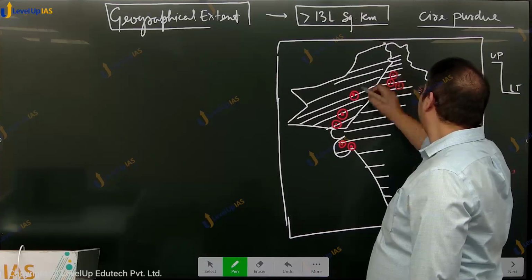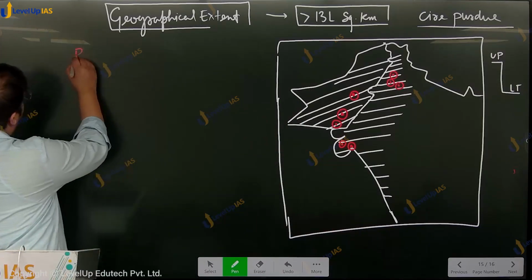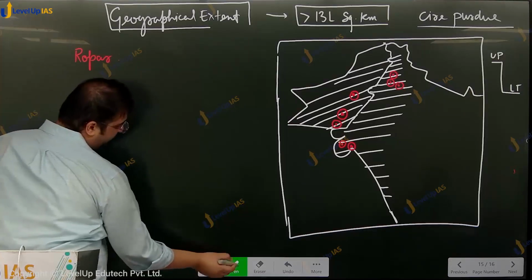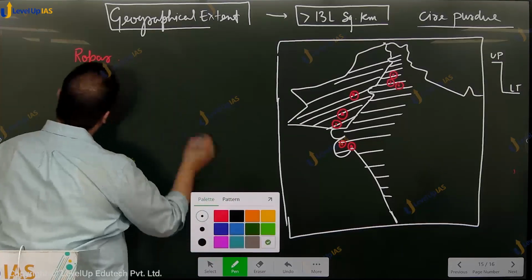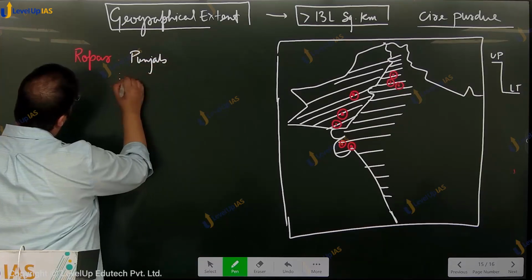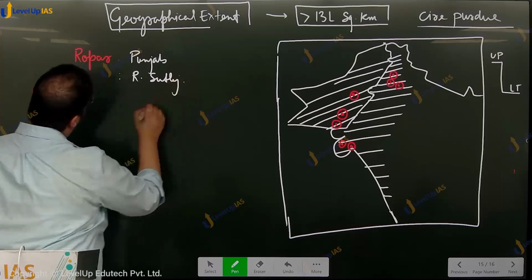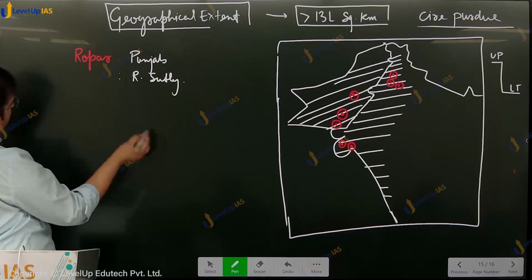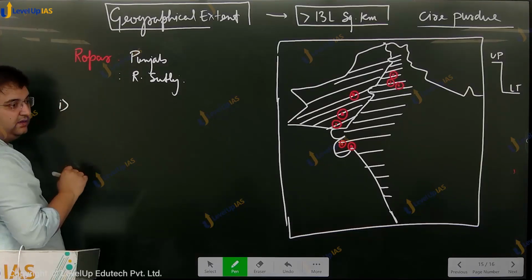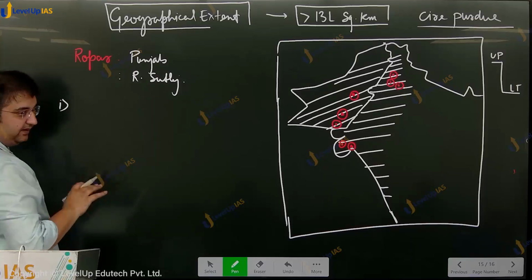In the Rupnagar district of Punjab, on the banks of the river Satluj. Significance क्या है इसका? That this was the first site to be excavated post independence.